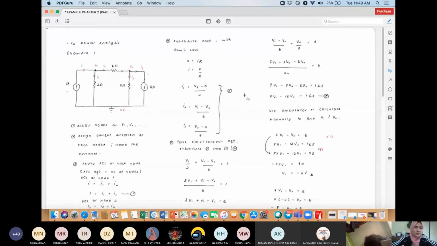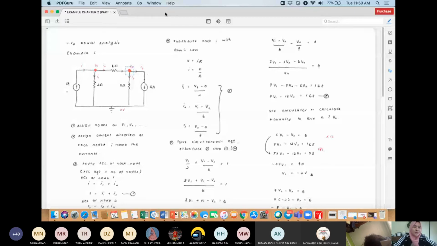The first step is to assign nodes as V1 and V2. Over here you have 2 nodes. This is node 1. This is node 2. So the first node over here I assign as V1. I hope you can see this. This is V1. And this second node I assign as V2.